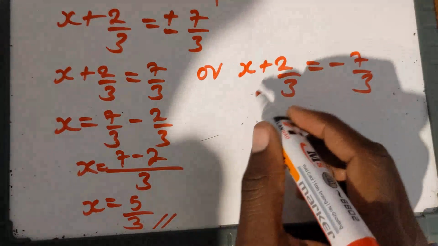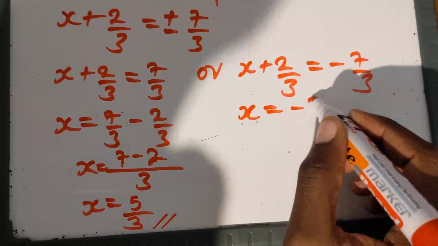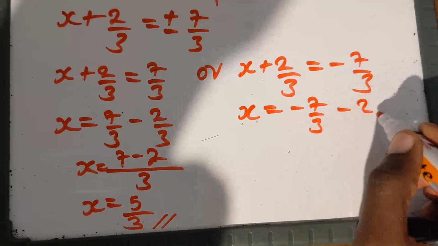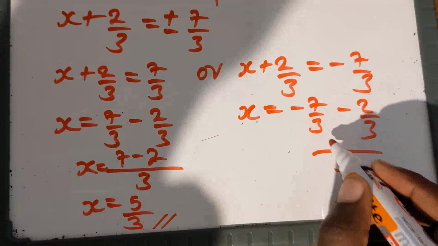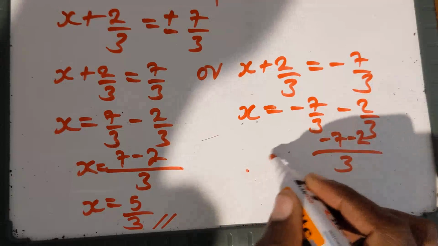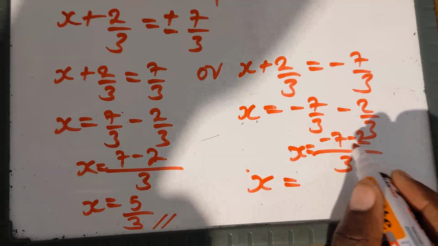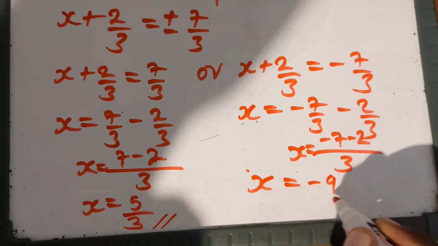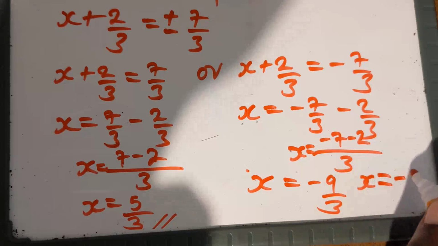So from here again you can find the value, which is equal to negative 7 over 3 minus 2 over 3. So that is 3, then you're going to have negative 7 minus 2. Okay, then x is equal to negative 7 minus 2, that will be negative 9 over 3, and x will be equal to negative 3.